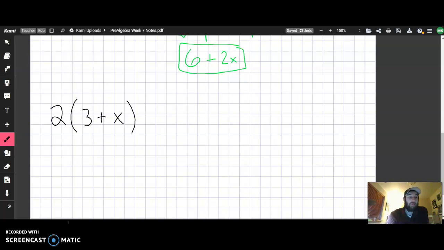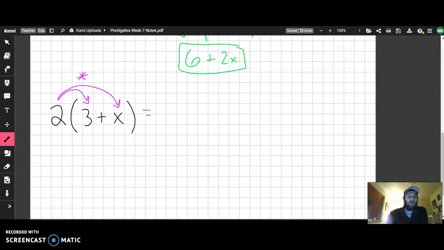And so that 2 is getting multiplied by 3, and that 2 is getting multiplied by x. So rather than write it as addition, we can distribute that 2 and do that multiplication individually to both the 3 and the x inside.